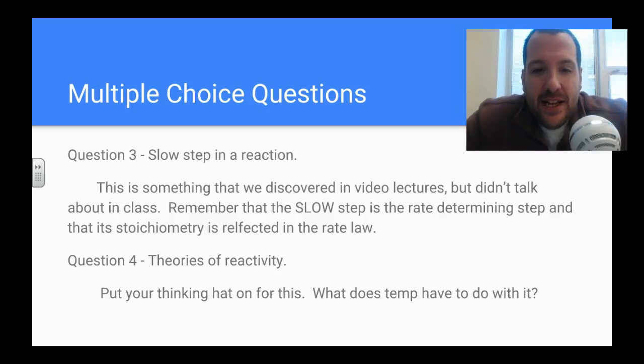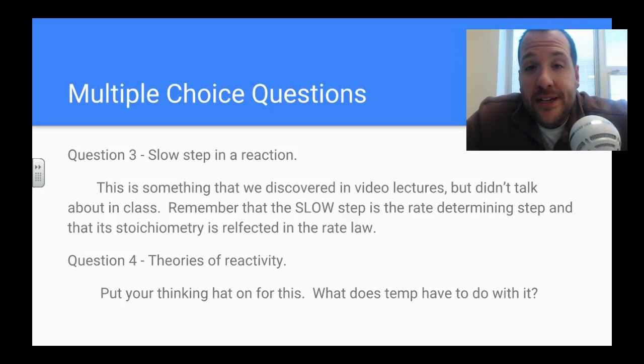Question 3 is something we didn't cover in class, but we definitely addressed it in the video lectures. Keep in mind that there are certain requirements that a mechanism must follow. One of them is that the steps must add up to the overall reaction, like we said previously.